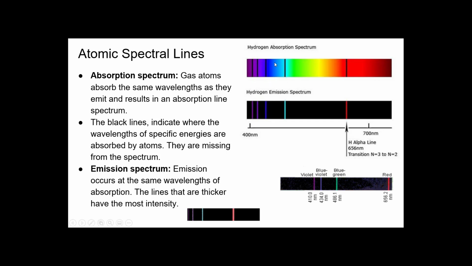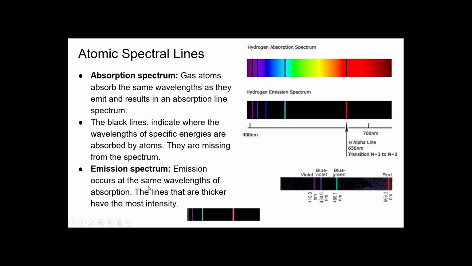So they were taken in and absorbed while everything else just passed through and didn't interact. And here, they are now being brought through and emitted. The energy has to go somewhere. So the black lines indicate where the energy of wavelengths of specific energies are absorbed. So that's why they're missing out of this. And then here they're shown because they are being emitted. I hope that's making sense.